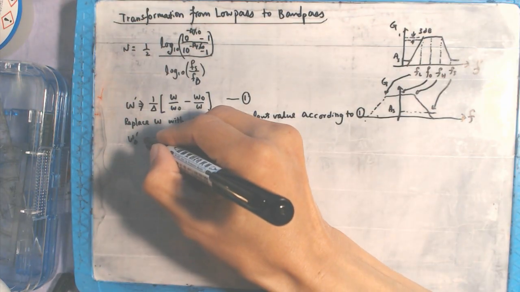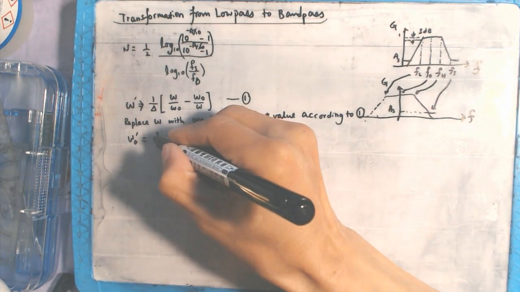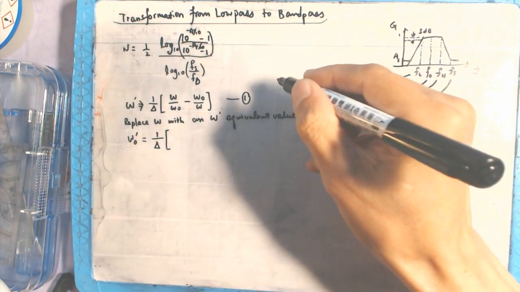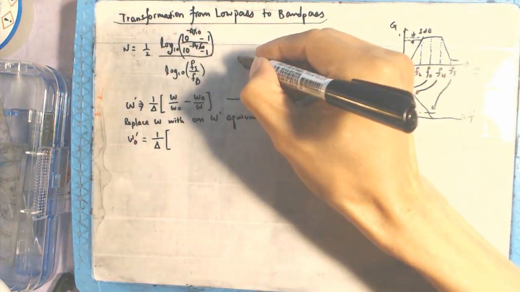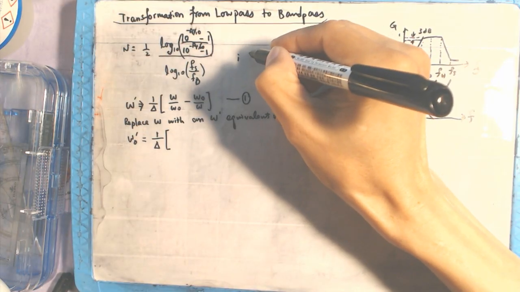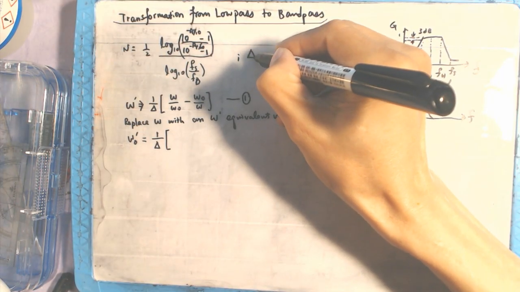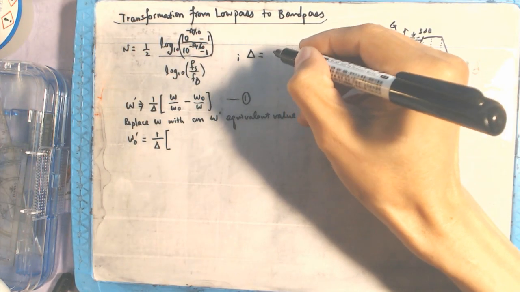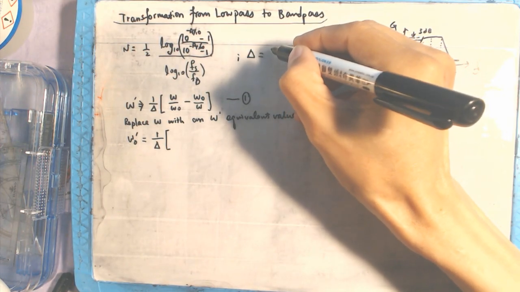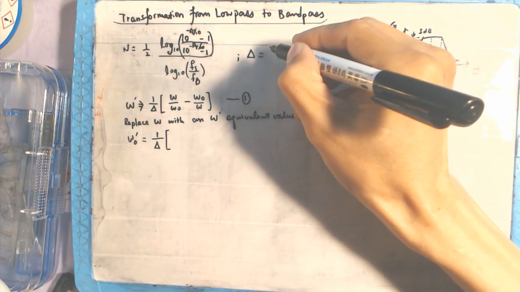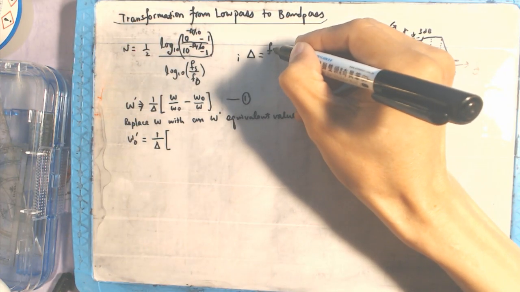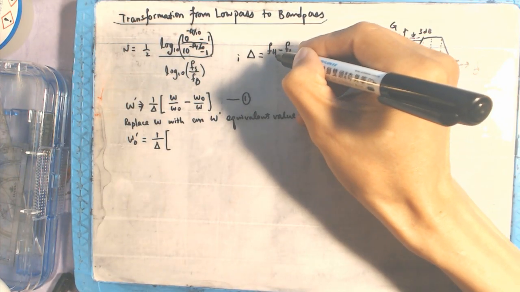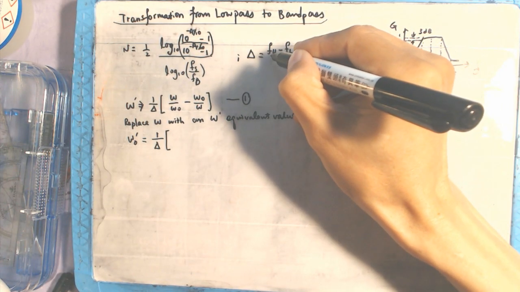And let's see what we can get. And by the way, before doing anything, let's make sure you understand this. The triangle here represents the fractional bandwidth. Fractional bandwidth is given by f h minus f l, and then divided by f naught.